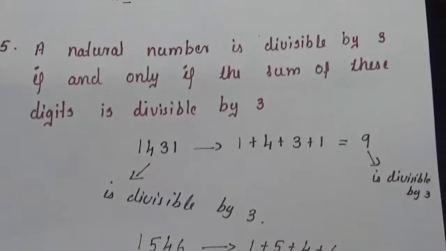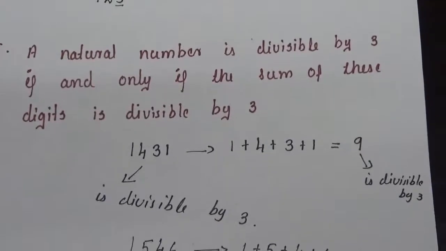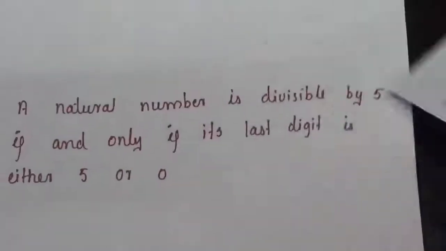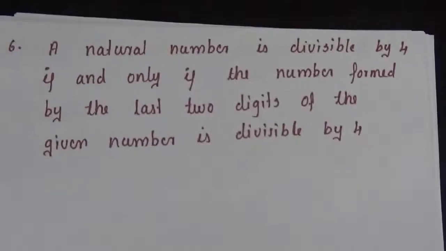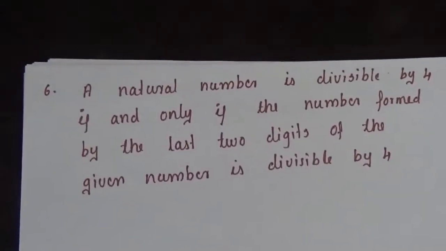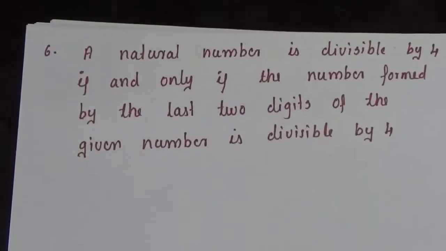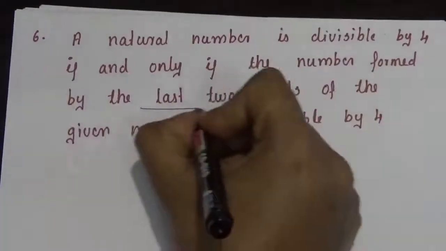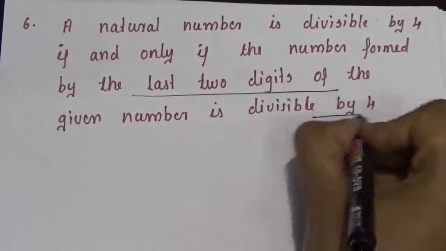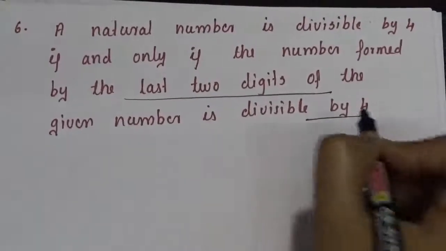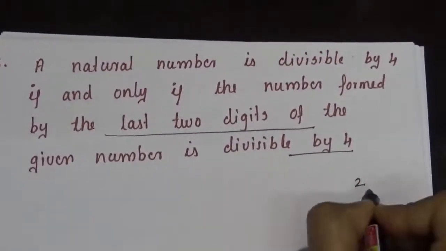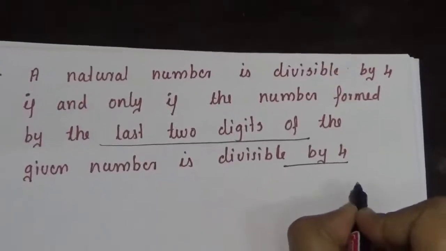Now let's check the divisibility rule of number 4. A natural number is divisible by 4 if and only if the number formed by the last 2 digits of the given number is divisible by 4. In the case of 2, we check whether the units place number is divisible by 2.